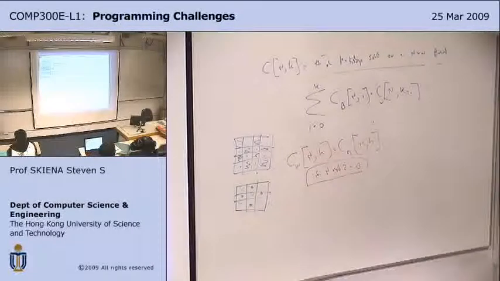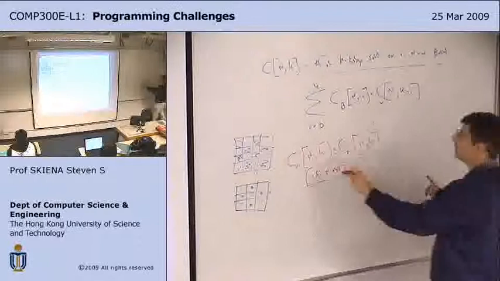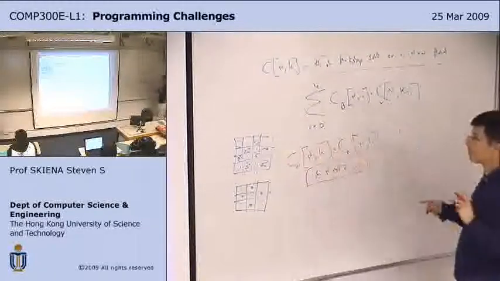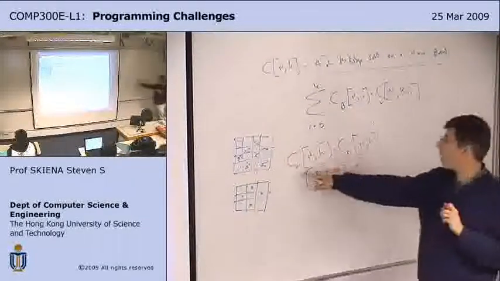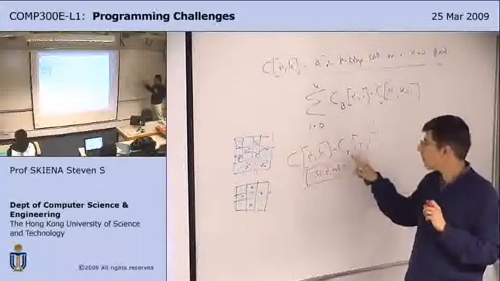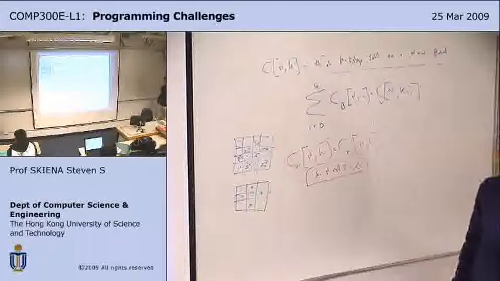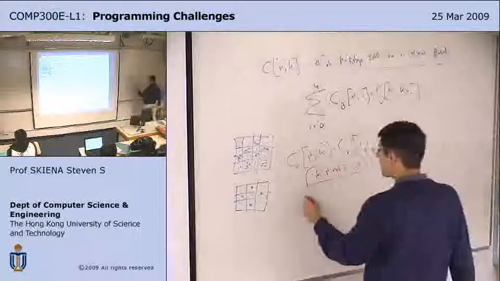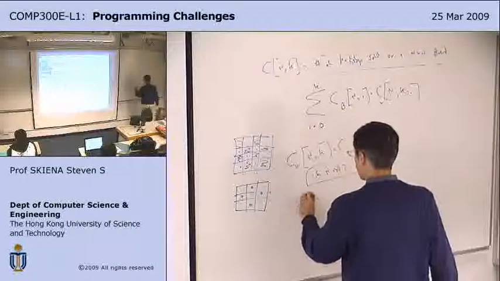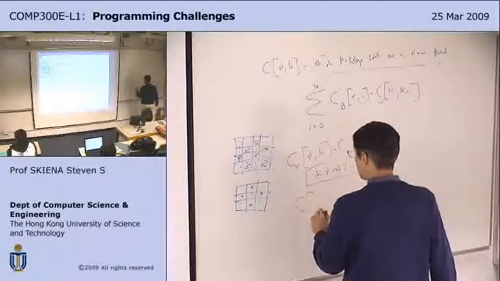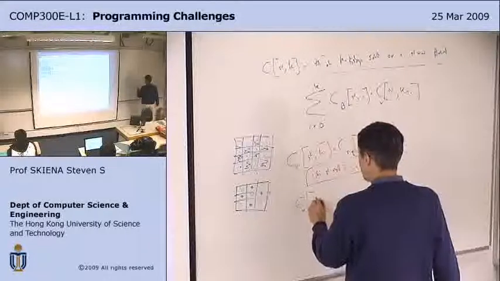What are the basis cases? Dynamic programming to solve the CB and the CW. We need recurrences for CB and CW, right? Yeah. So what is that going to be now? CW sub n.